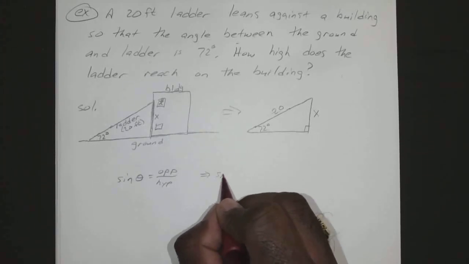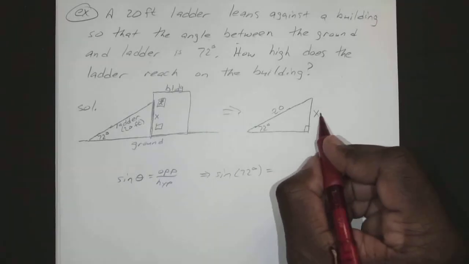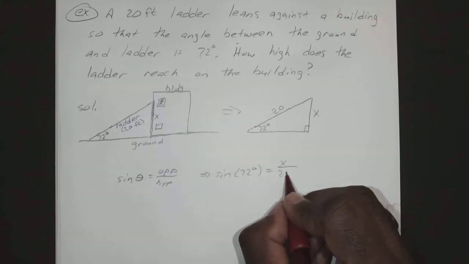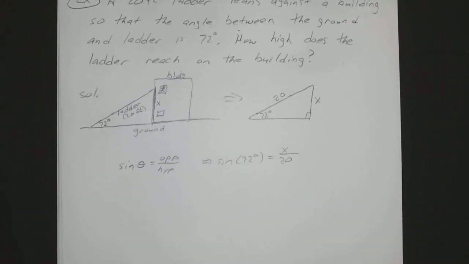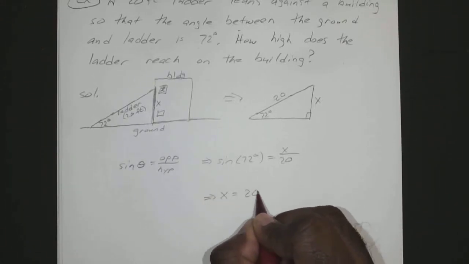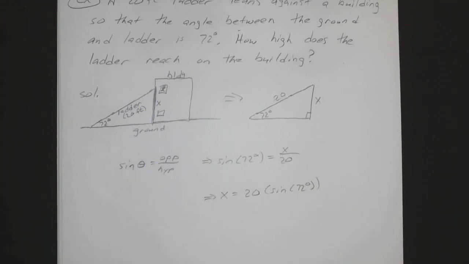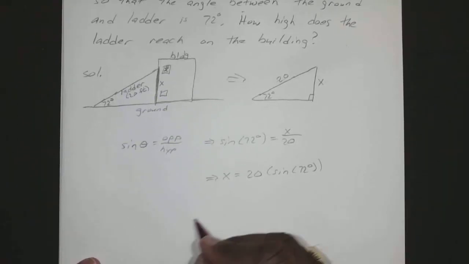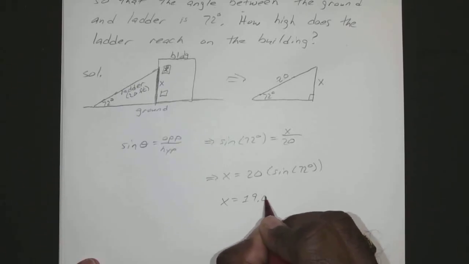So sine of 72 degrees equals x over 20. Multiply both sides by 20, and you have x equals 20 times sine of 72 degrees. So x would actually equal 19.02.